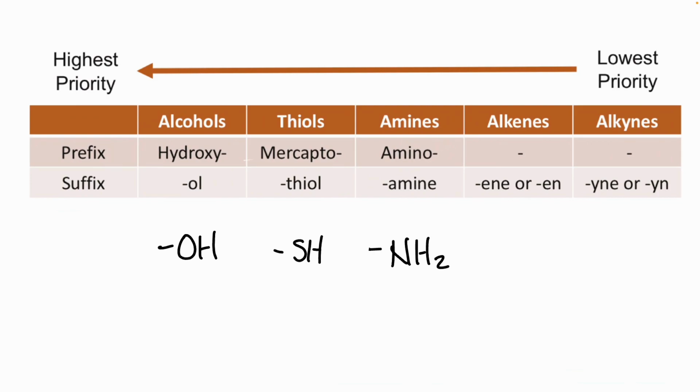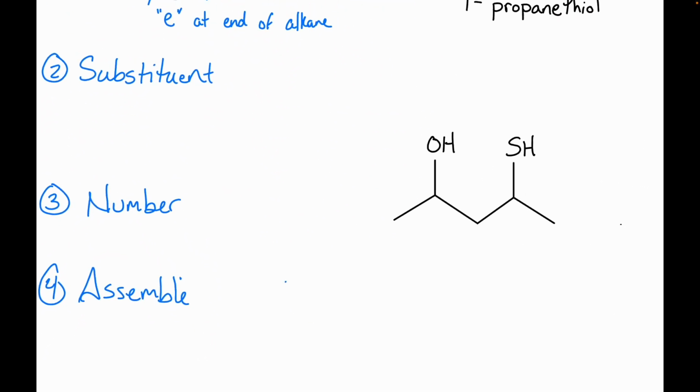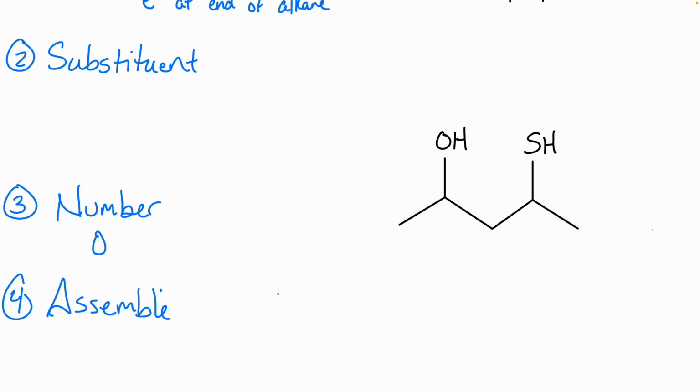All right? So, first thing, when we number our parent chain, we're only going to pay attention to the location of that highest priority group. Right? The highest priority one wins. Okay? So, when we number our parent chain, our numbering is going to be determined only by the highest priority group.